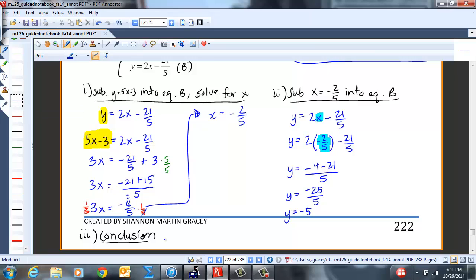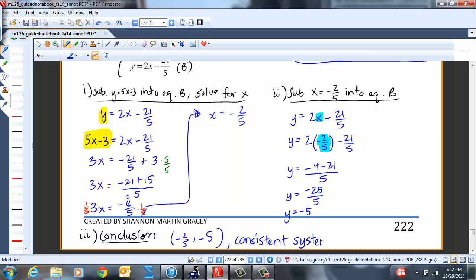So we got an ordered pair solution of negative 2/5 and negative 5. And this is a consistent system since we got an ordered pair solution.